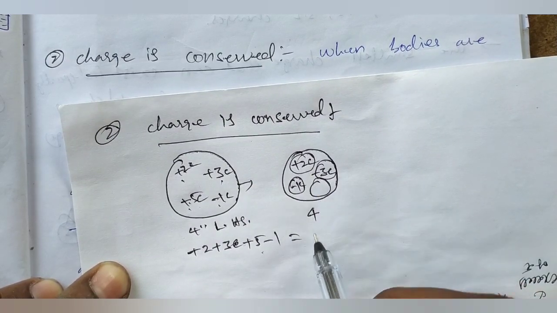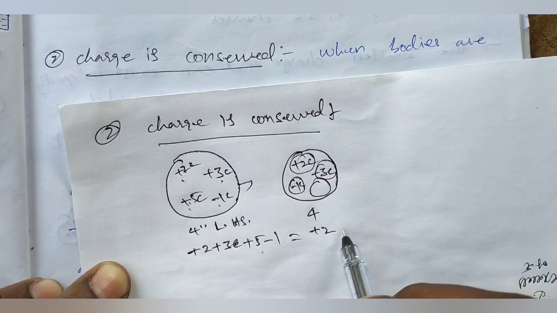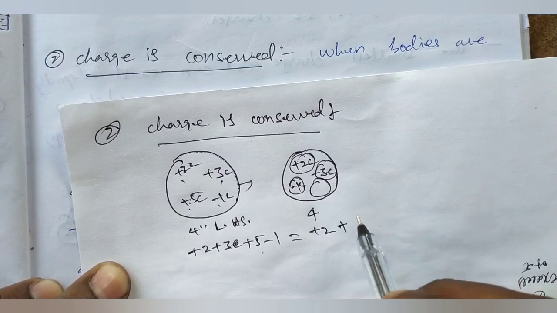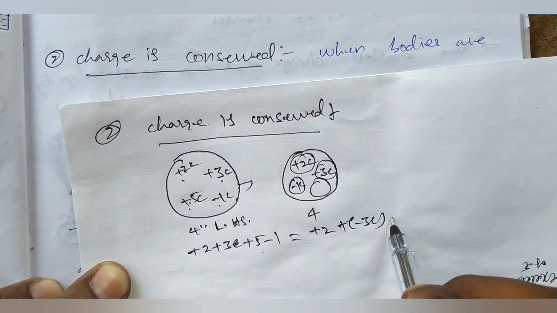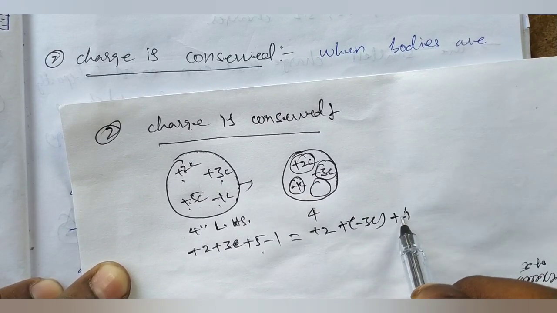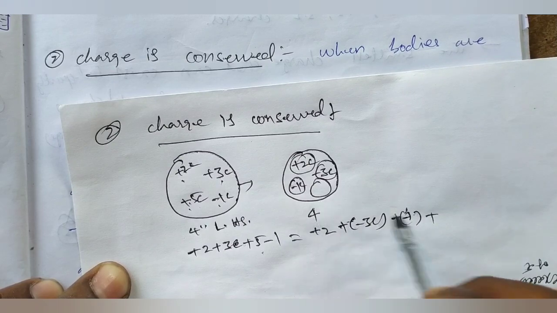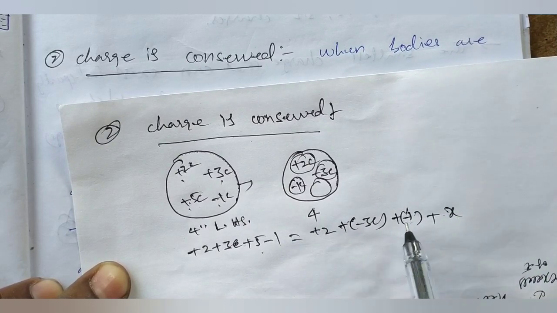That means plus 2 coulombs, minus 3 coulombs, minus 1 coulomb, and an unknown X. What is X in coulombs?